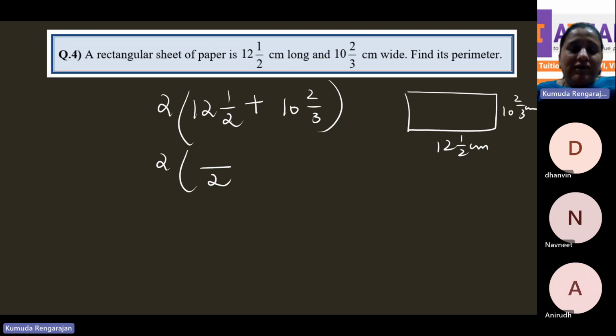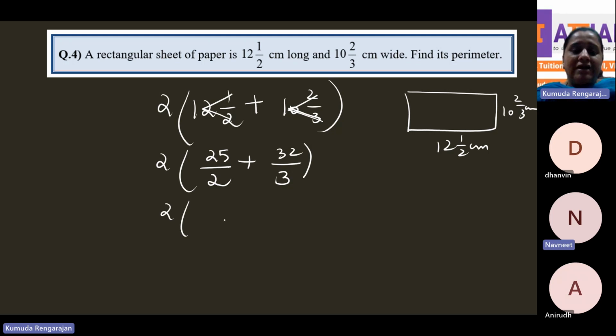The denominator 2 will come as it is. Numerator will be 2 12s are 24 plus 1, 25. And the second one is 32 by 3. The denominator 3 will come as it is. 3 10s are 30 plus 2, 32. Now add.